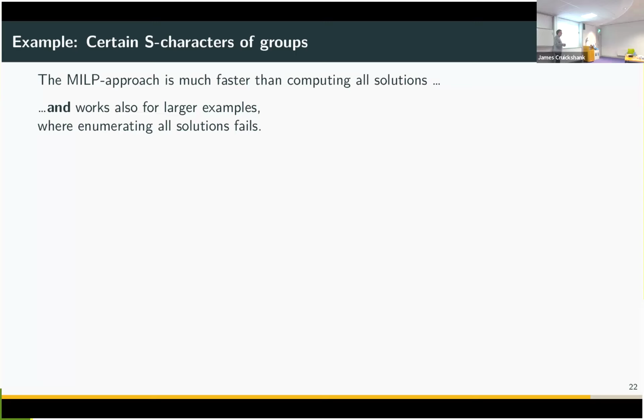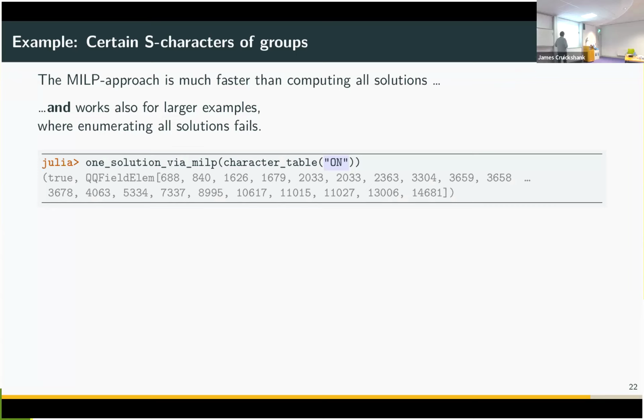So in fact it fails because of these technical conditions. And with this approach, giving at least one solution, we can do this. So for example, here we have a big character table, so a big group. And if we ask for one solution, then it quickly finds a second vector. Okay.